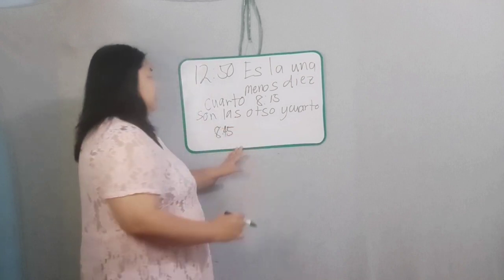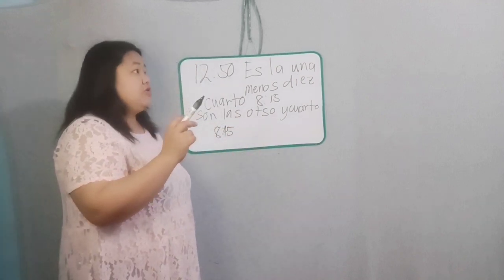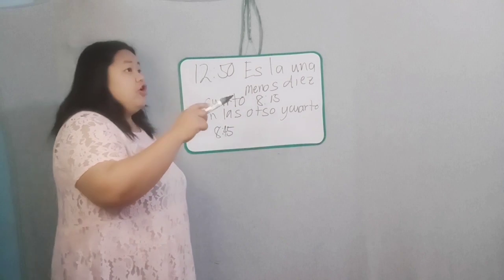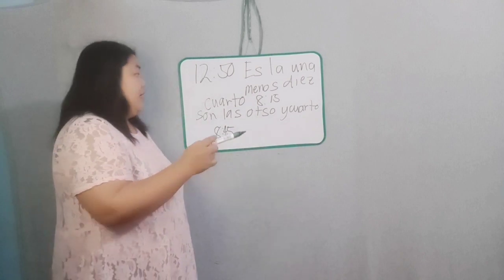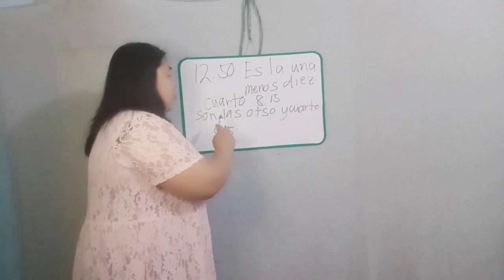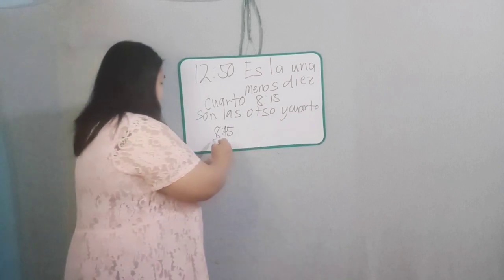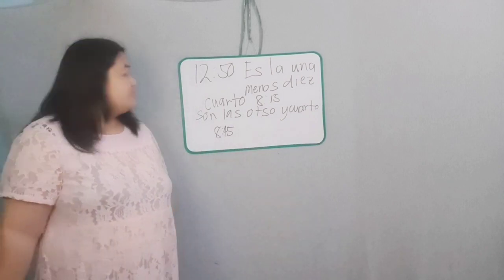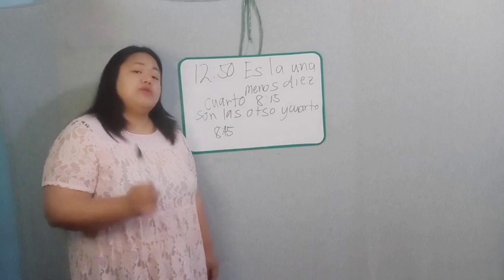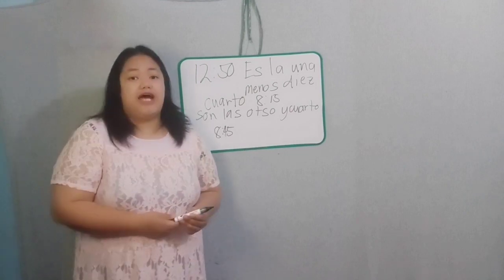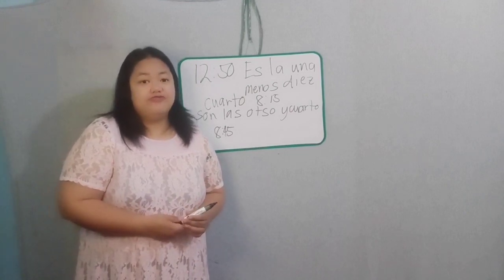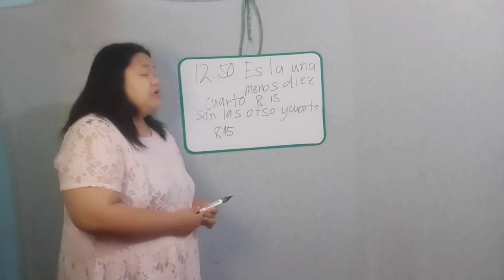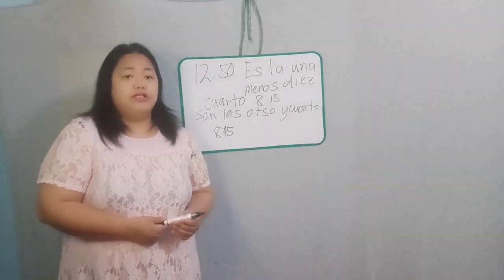It's 15 minutes before 9, so that's gonna be son las 9 menos cuarto. So that's 8:45. Okay. So these are the ways to read time in Spanish. I hope you got it.